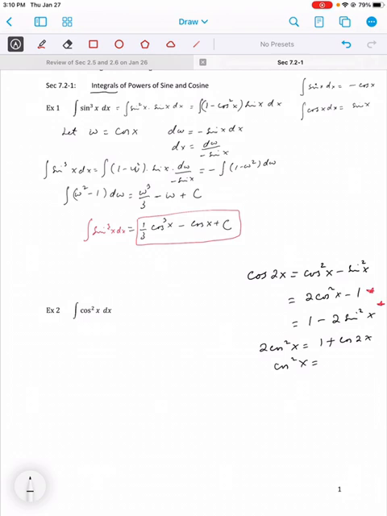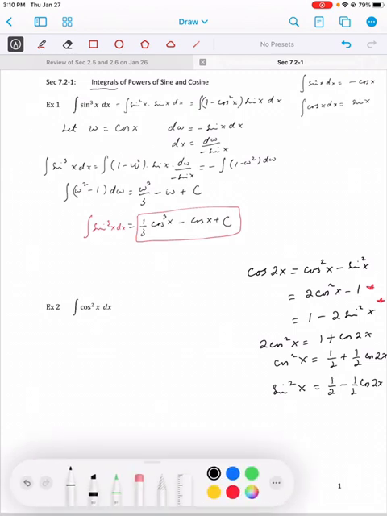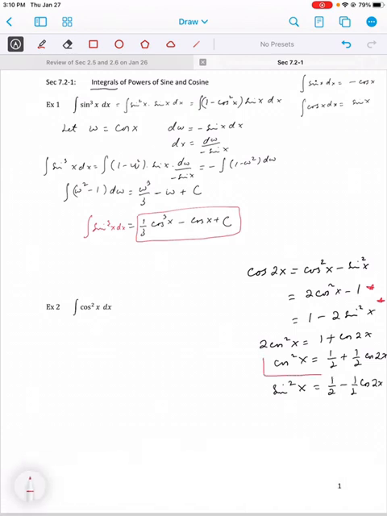This is one of the half angle formulas, and from the other one, in the same way, you should be able to see that sine square x equals 1/2 minus 1/2 cosine of 2x. These are the two formulas that you will need, and you just have to remember them and use them whenever you have even powers of sine or cosine.